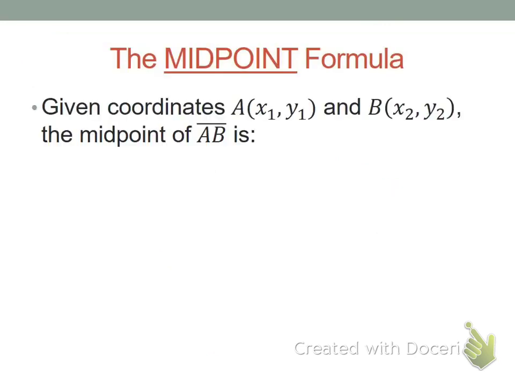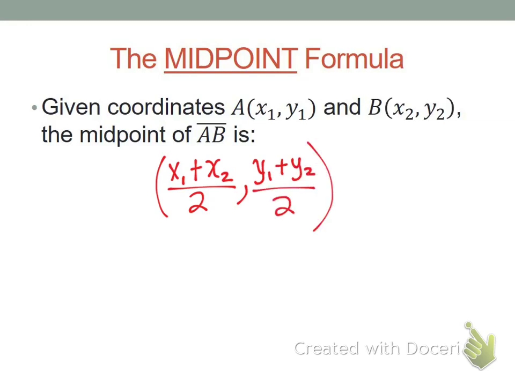All right, midpoint formula. Maybe you've seen this before, maybe not. If you have coordinates for A and B written as x1, y1, x2, y2, the midpoint of AB is x1 plus x2 divided by 2, comma, y1 plus y2 divided by 2.